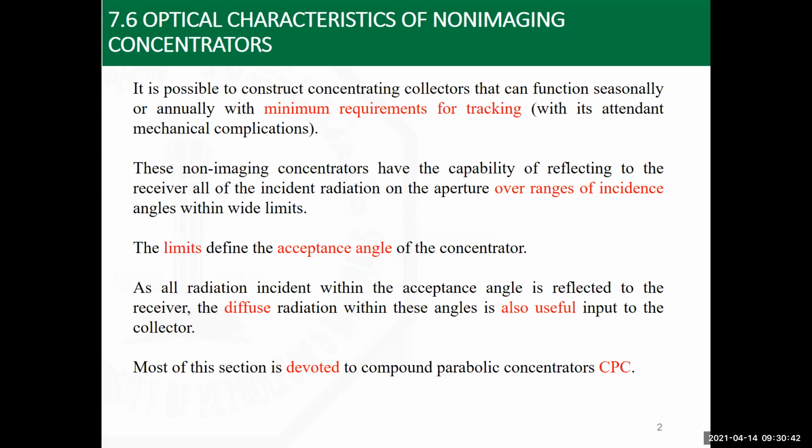These limits are defined by what we call the acceptance angle of the concentrator. All the radiation incident within the acceptance angle is reflected onto the receiver. So you don't have these kinds of losses, and you don't have to rotate it to follow the sun. You would know that any radiation intercepted within the acceptance angle is going to fall into your receiver.